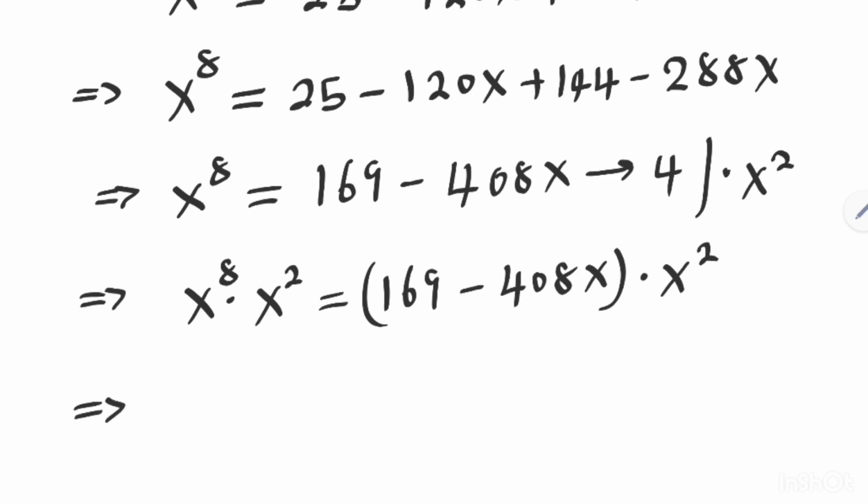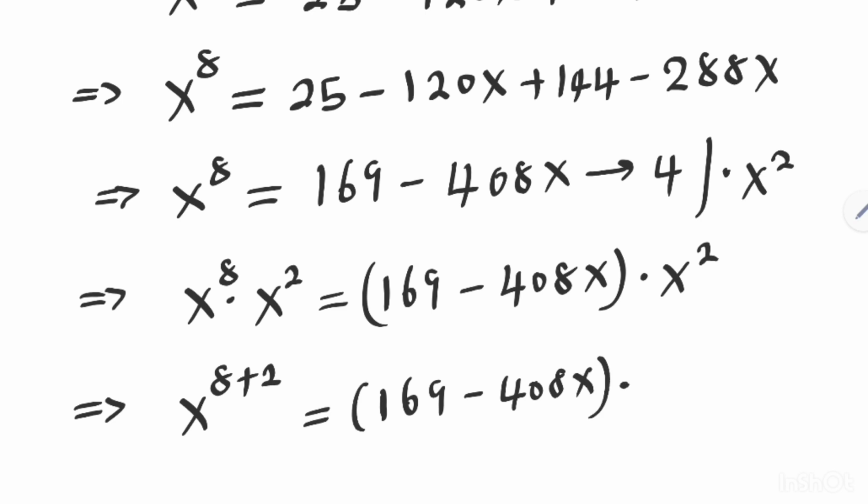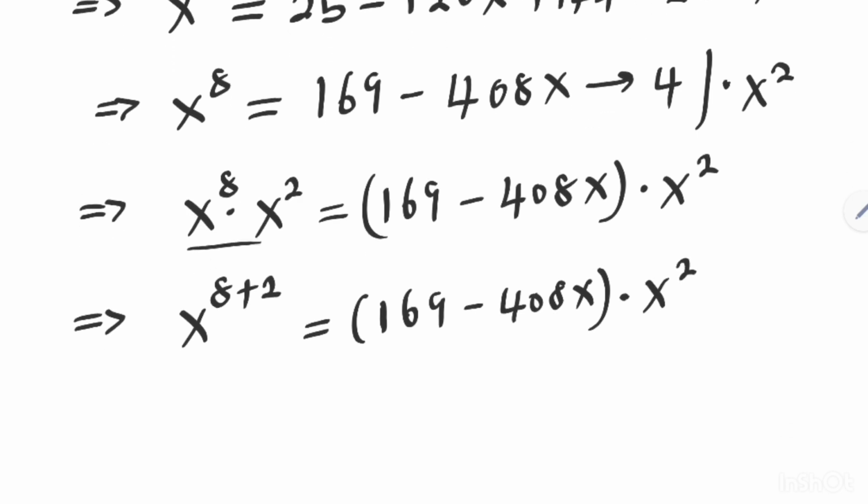This is the same thing as x raised to power 8 plus 2 is equal to 169 minus 408x multiplied by x squared. Because if you have a raised to power m multiplied by a raised to power n, this is equal to a raised to power m plus n.